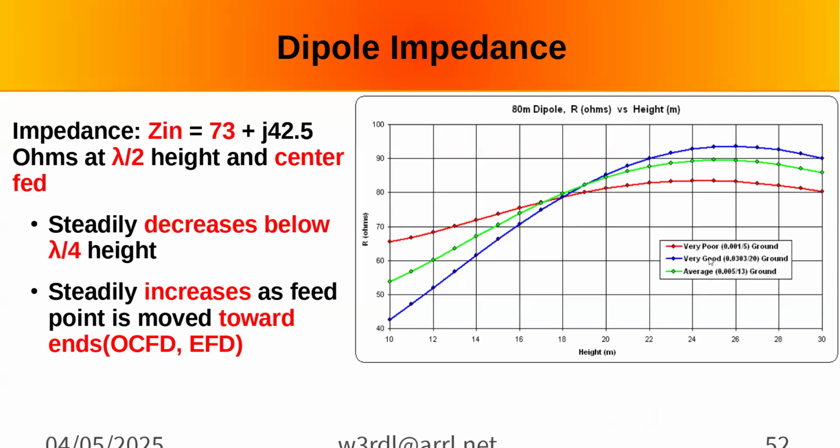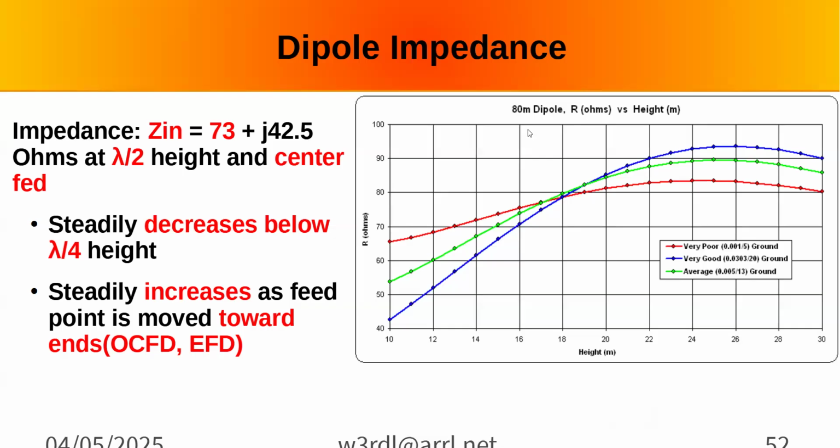The green line is a very good ground, or excuse me, average ground. And then the blue is very good. So you can see, and they're plotting the resistance. So it gets up, we're at what? 26 meters, we're at 92, 93 ohms.